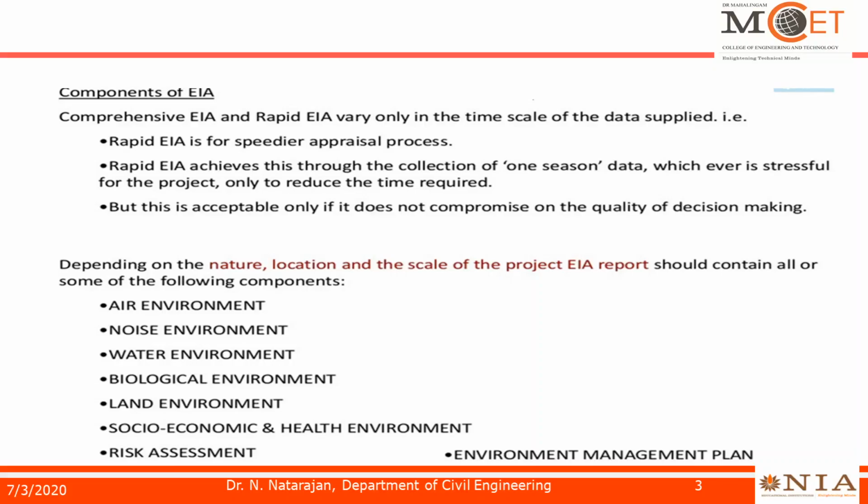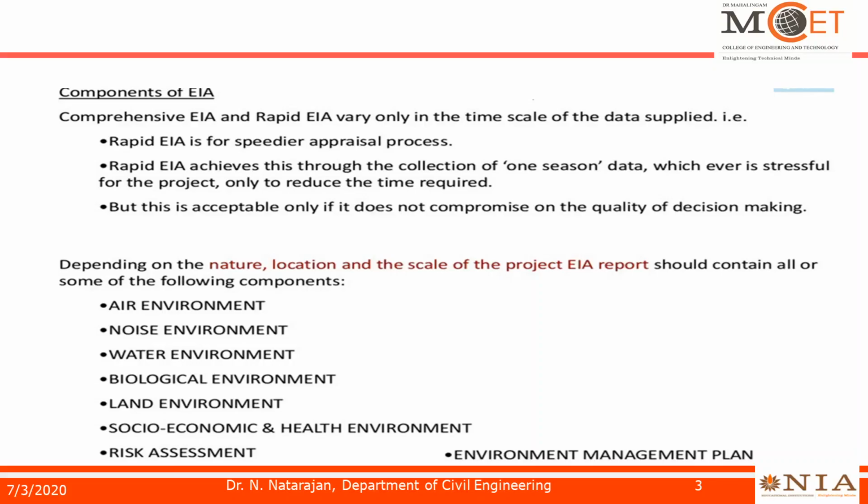The comprehensive EIA process is one which takes a longer time, maybe even 6 to 8 months. Rapid EIA is generally done in about 90 days. Within 90 days you have to make a decision. But the comprehensive EIA takes about 6 to 8 months.